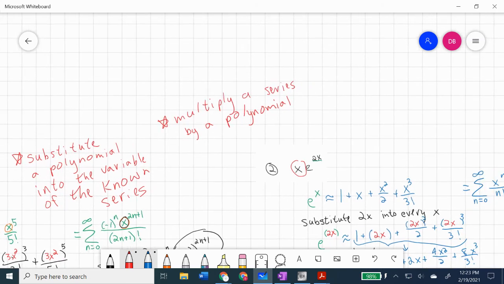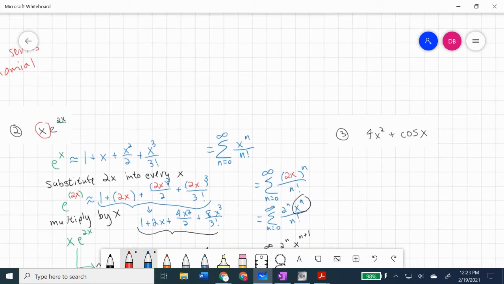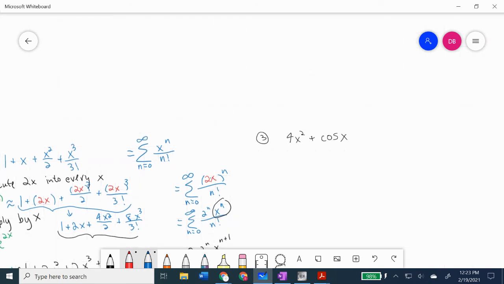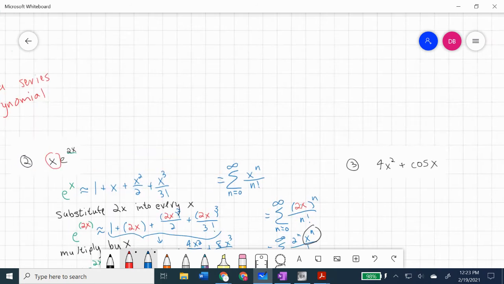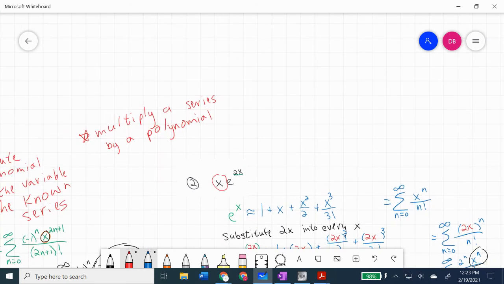And we'll be looking at more as time goes on. And now a third thing is you need to be able to add a polynomial to your power series. Those are 3 big things.